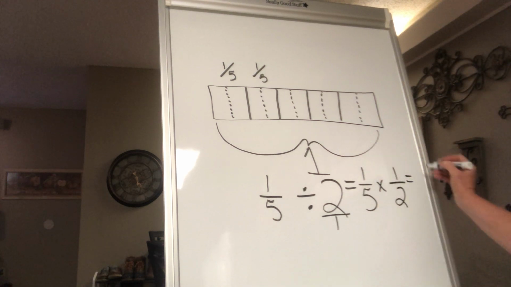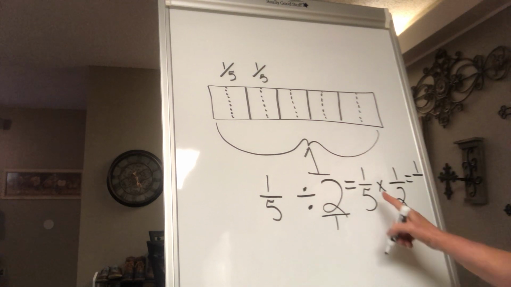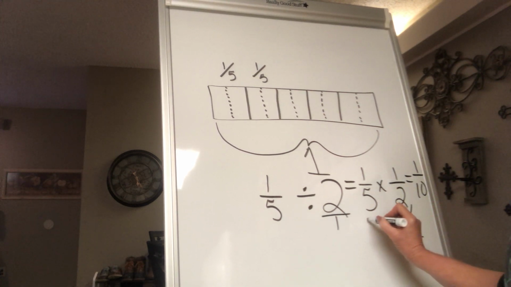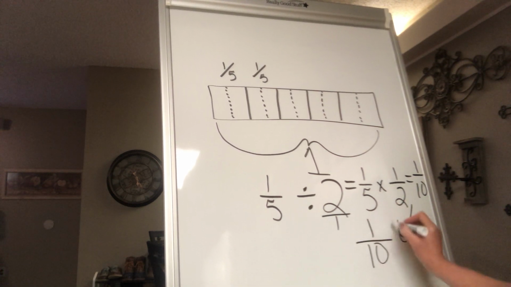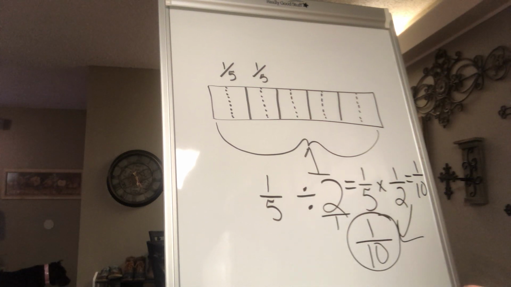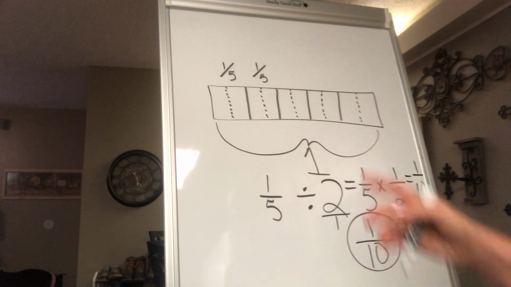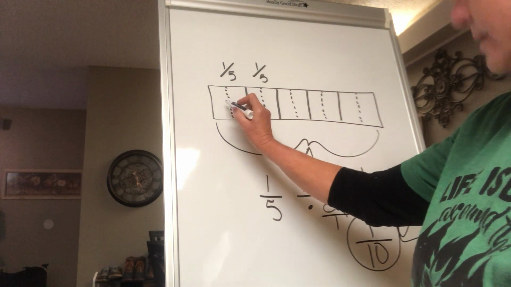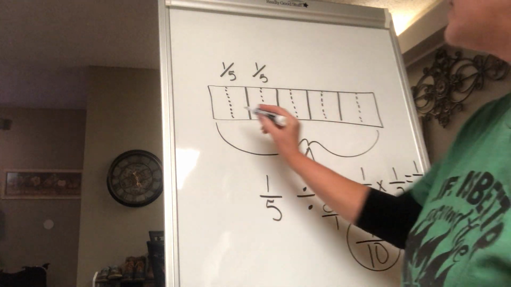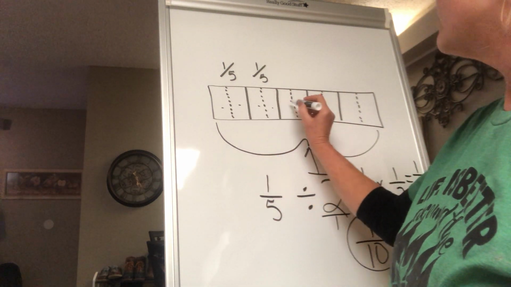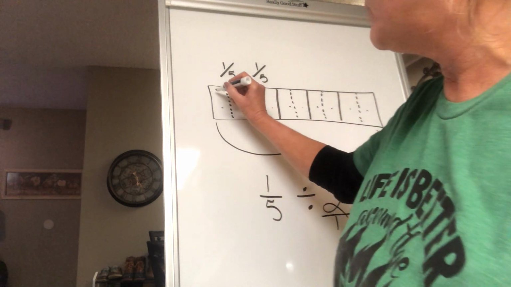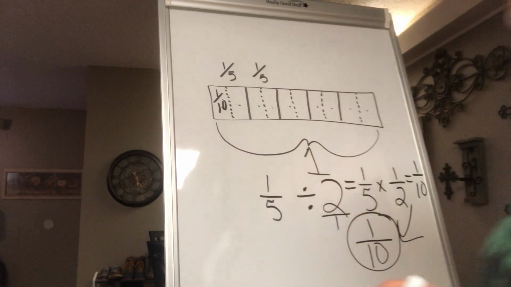So I would have 1 times 1 is 1. 5 times 2 is 10. So my final answer is 1/10. And I can describe this in my drawing because if I look at this and I see each one of these would be, if I divided them all out, I would have 1, 2, 3, 4, 5, 6, 7, 8, 9, 10. So each little section would be 1/10.